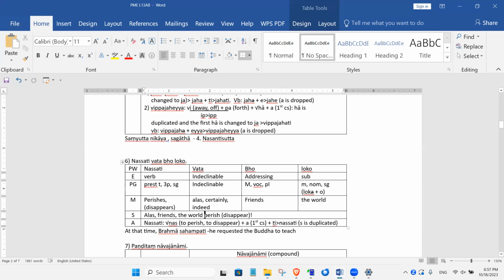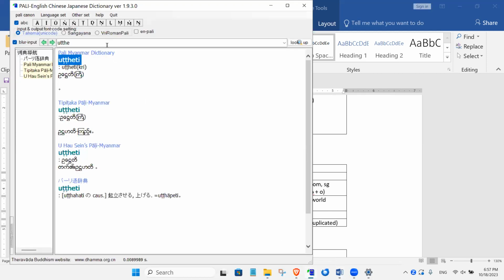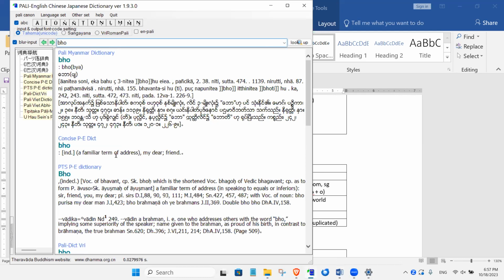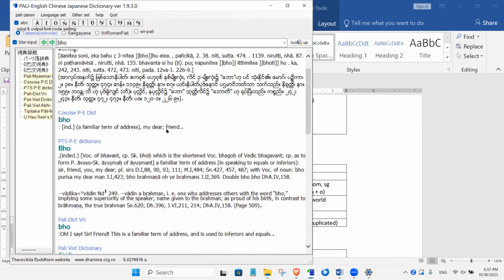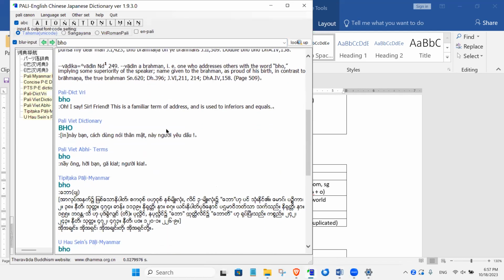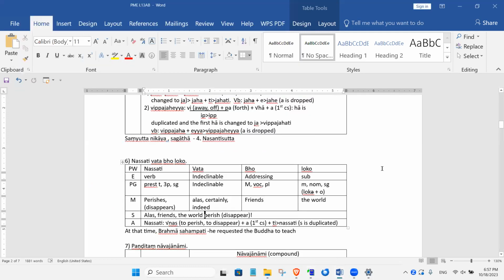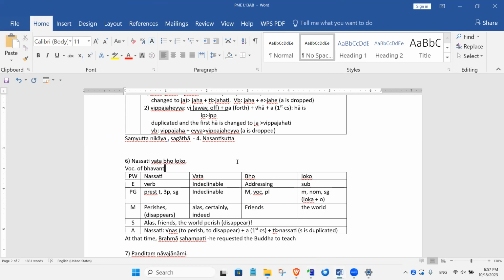Now, bo. Okay. Is it singular or plural? Friends. Vocative of bhavant. This vocative of bhavant. Right? Yeah. So it didn't say it is singular or plural. Yeah, it can be plural. Yeah. Okay. So you can make a note here. This bo is vocative of bhavant.